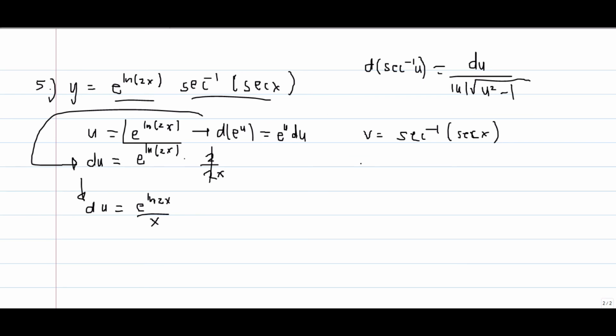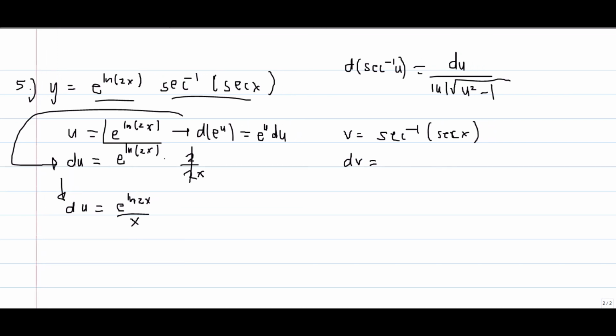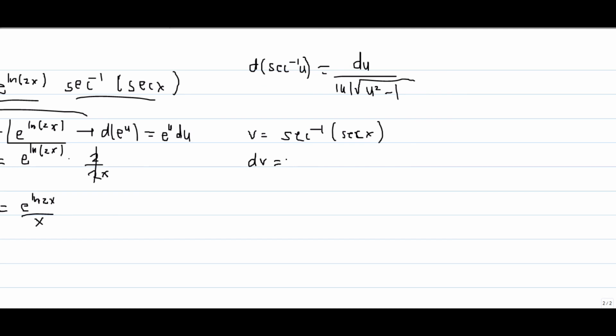So to find dv here, where dv is equal to the v equivalent, we also apply the chain rule.